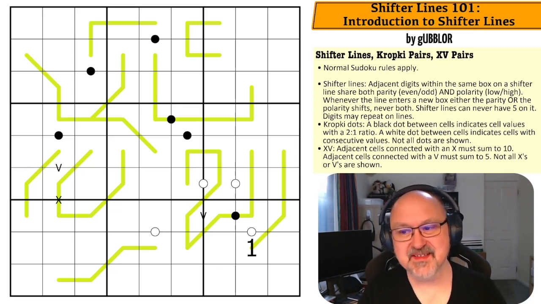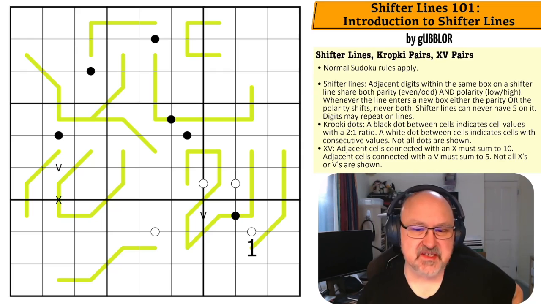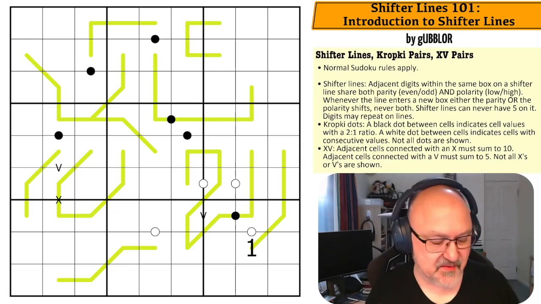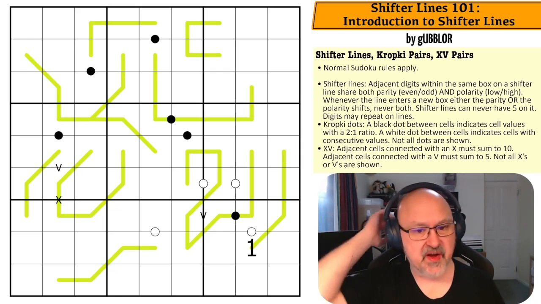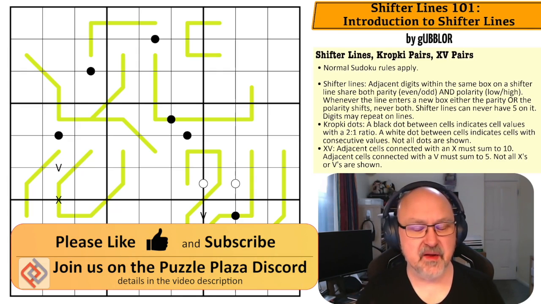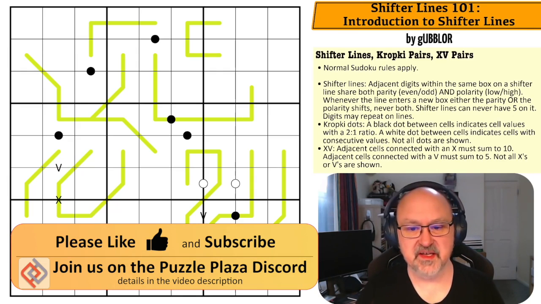Shifter Lines 101, Introduction to Shifter Lines by gUBBLOR. This is the person who did, I think it was the Introduction to Equality Cages, and it was gUBBLOR's first puzzle. I have no idea what number puzzle this is for gUBBLOR, but apparently gUBBLOR has come up with a constraint which, when I was talking to gUBBLOR about it, was very heavily inspired by the equality cages, and this is them, the shifter lines constraint.